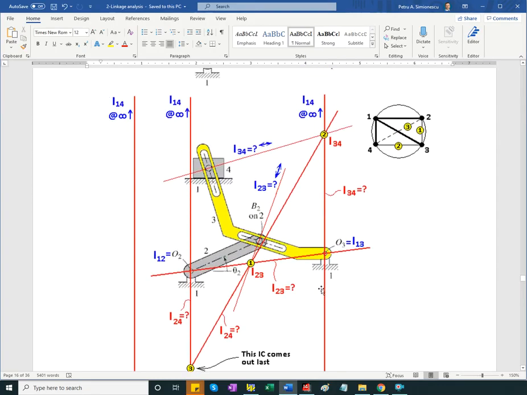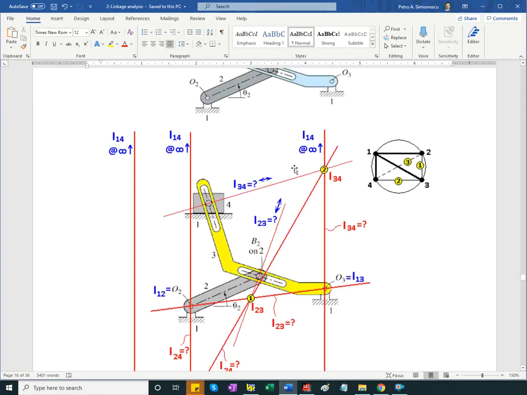So this is with colors. This is the diagram. Remember, common normal.